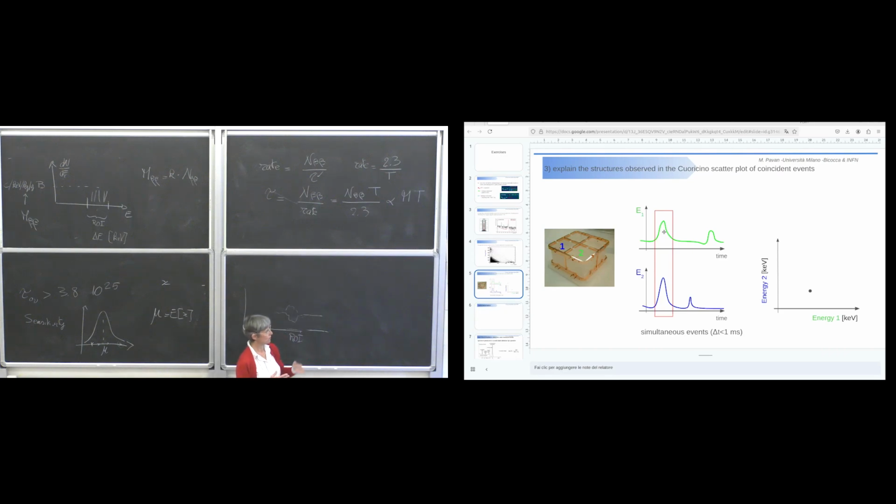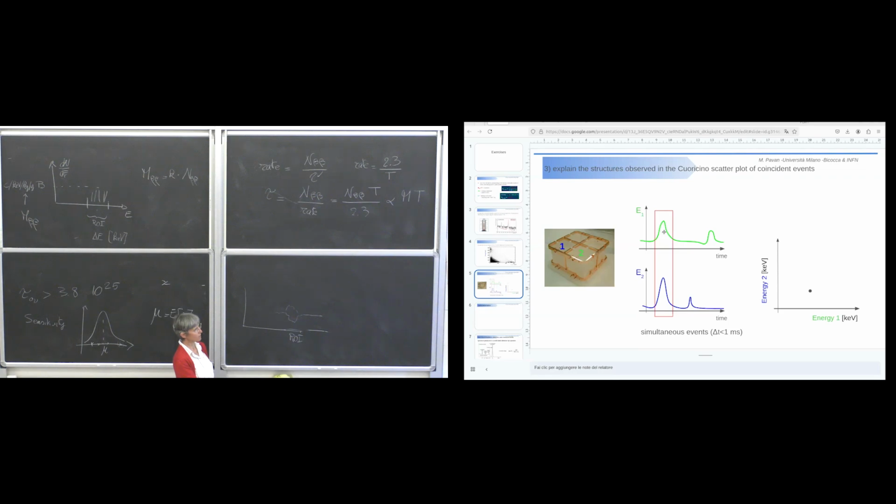So the two signals that I've shown you in the box are in coincidence, while the other two are not, because they are not in the same coincidence window. So these two are not considered in coincidence. These two are in prompt coincidence.